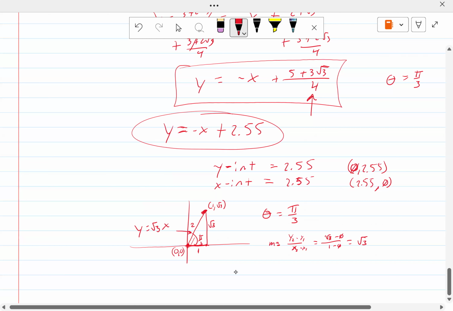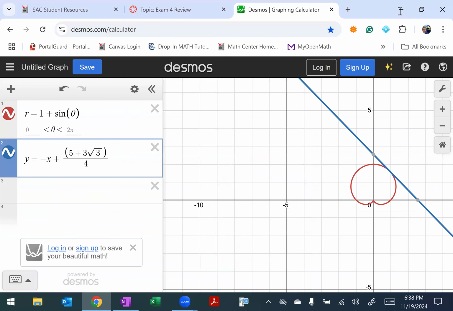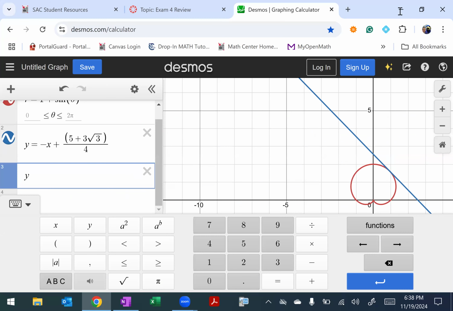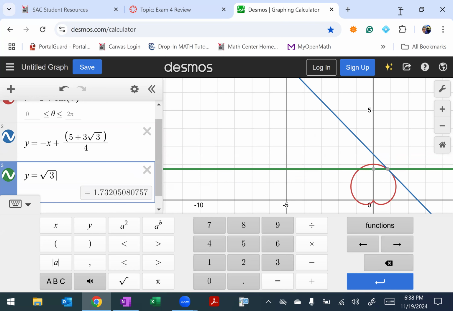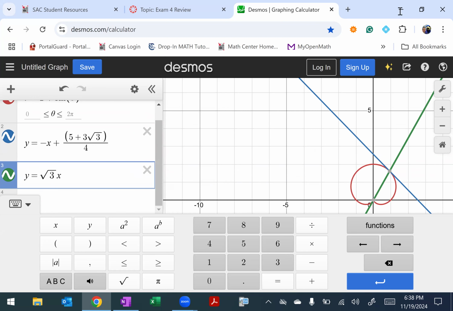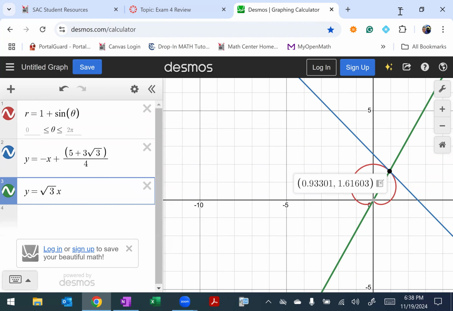So when I go back to Desmos and I plug in the line y equals radical 3 x, that should be the line, and that should give me the angle pi over 3. And that gives me a point of intersection on this curve between these two.